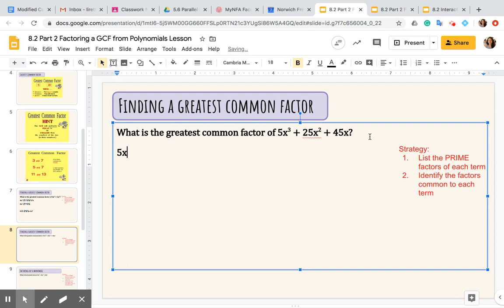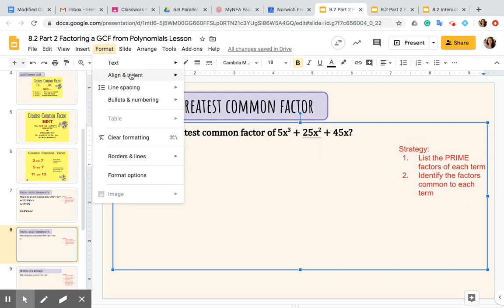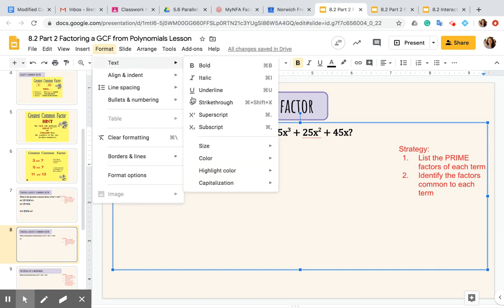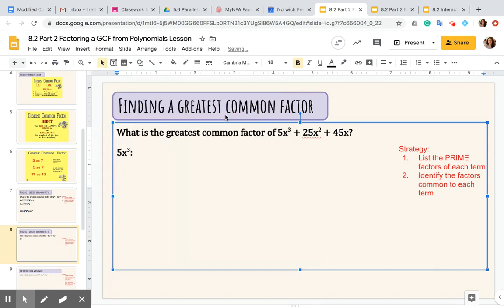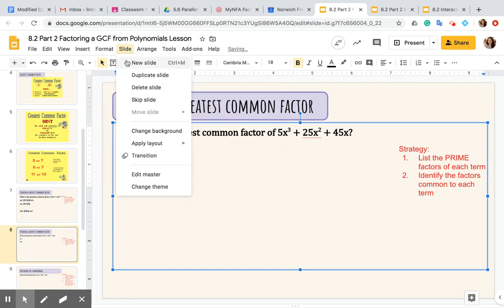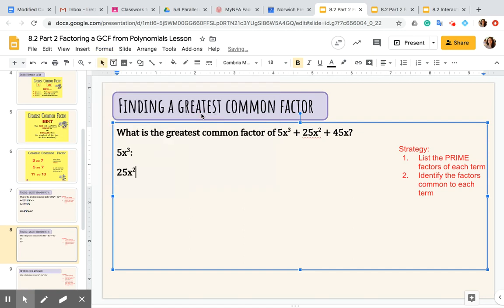So I've got 5x cubed that I'm going to want to write as the product of its prime factors. I've got a positive 25x squared that I'm going to want to write as the product of its prime factors, and a 45x. So I'm just going to break this down into all of its prime factors.